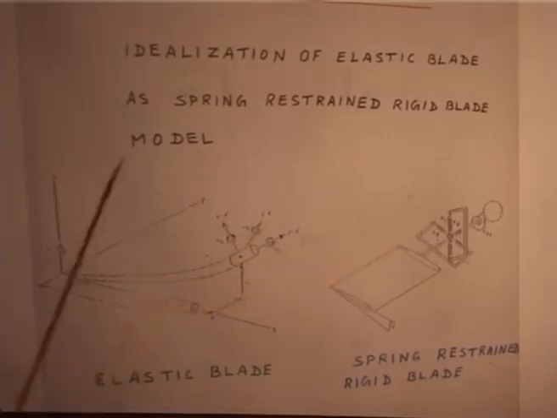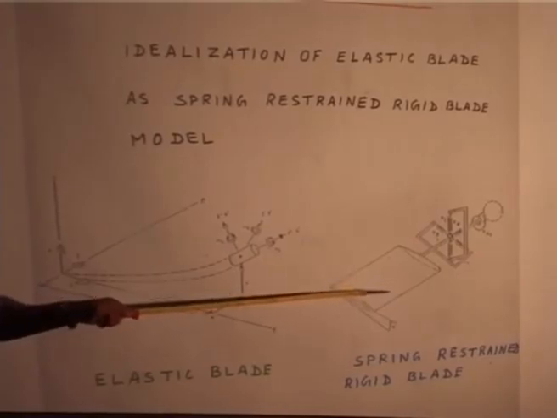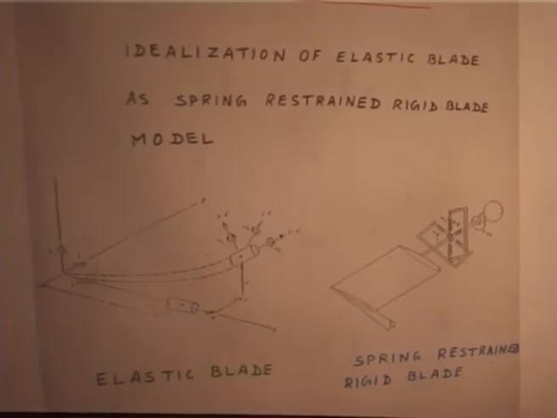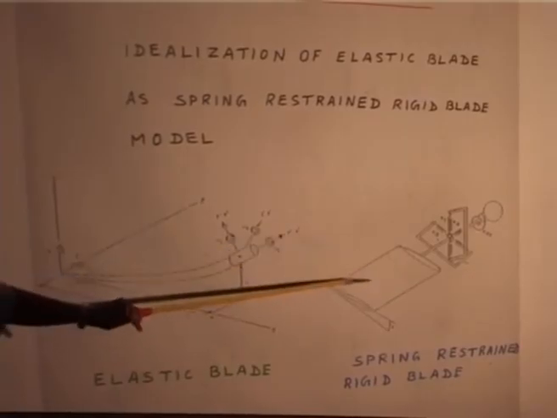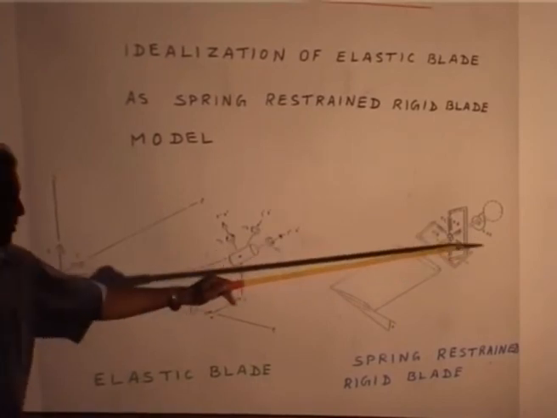But this is an idealized model. Most of the rotor analysis packages in the earlier days used only this model because it is easy and you can understand the physics, but it is a gross idealization. You are representing only one flap frequency because there is a flap spring, then a lead lag spring, and one torsion spring.